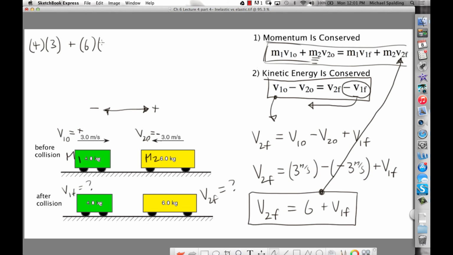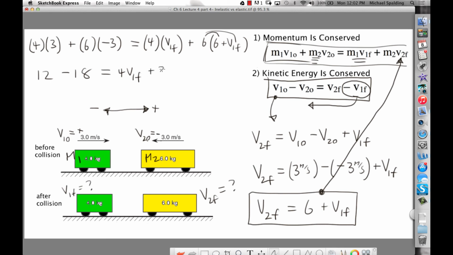V2 initial, don't forget the negative, it's -3, equals, okay, so now M1 is 4, V1 final is what we're looking for, plus M2 is 6. And then V2 final is 6 plus V1 final. So we're going to distribute this. So now we have 12 minus 18 equals 4 V1 final plus 36 plus 6 V1 final.